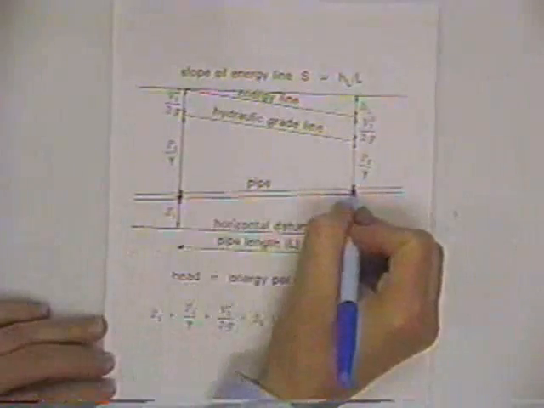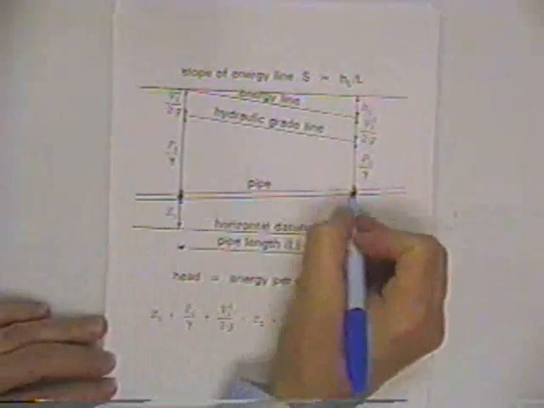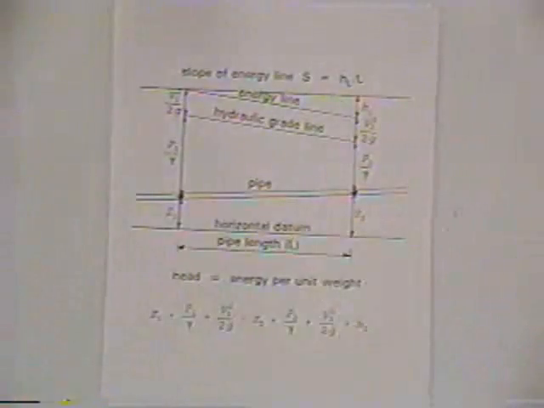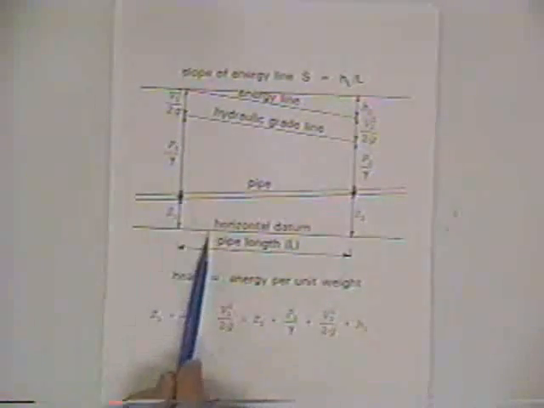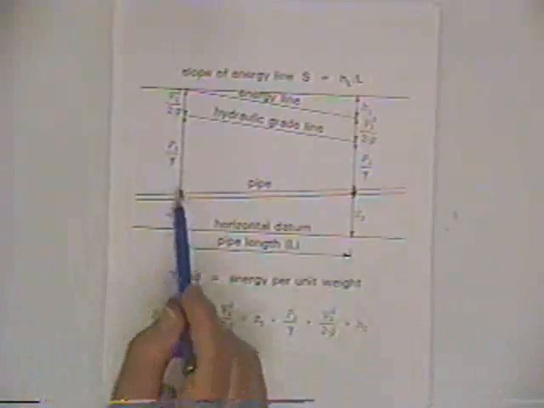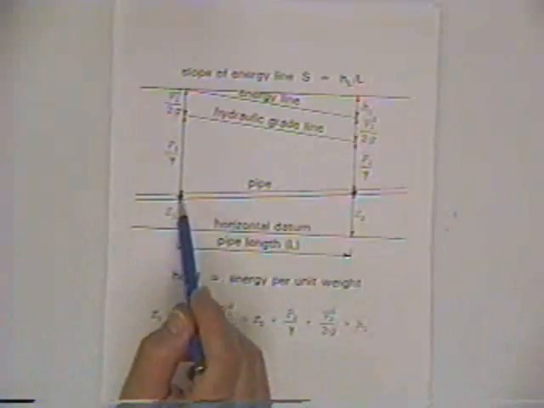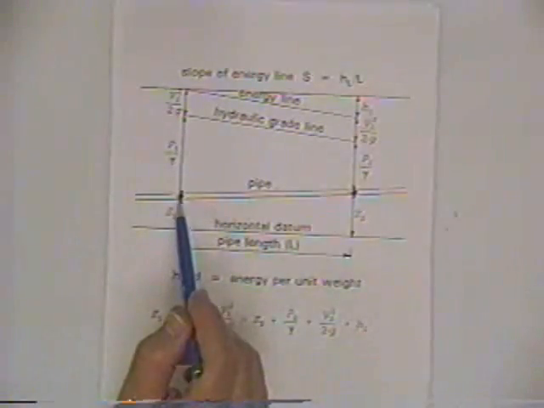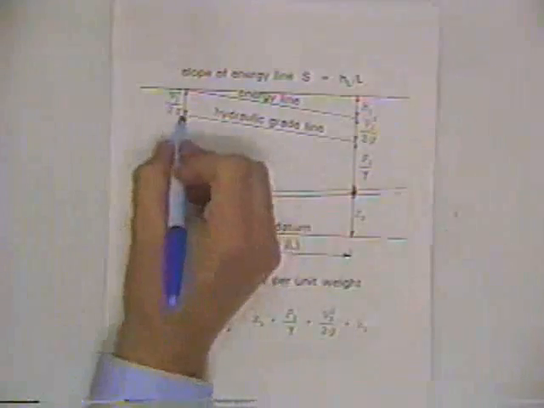And so if we're interested in, say, this point and this point, a streamline going through these two points in the center of this pipe, that point is some elevation above the datum. It has some pressure, and so if you can visualize the pressure, if you drilled a hole in the side of the pipe and inserted a piezometer tube, the water would rise to right there. By definition, that's your hydraulic grade.